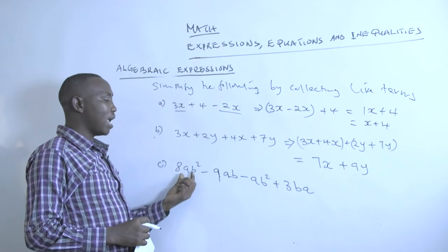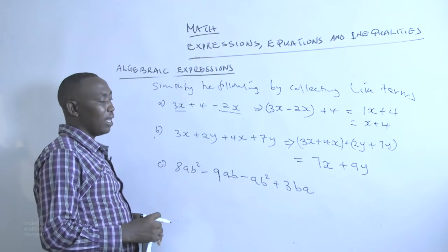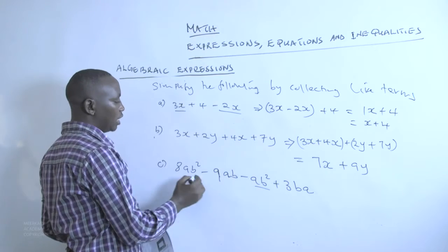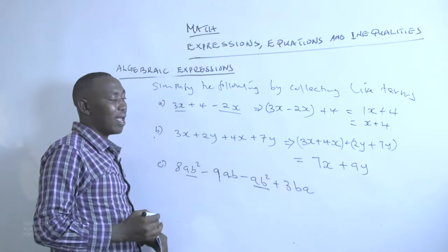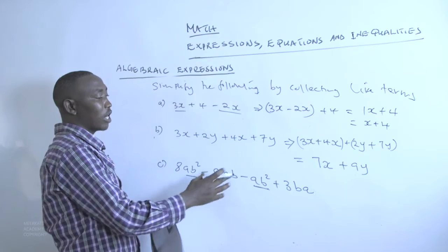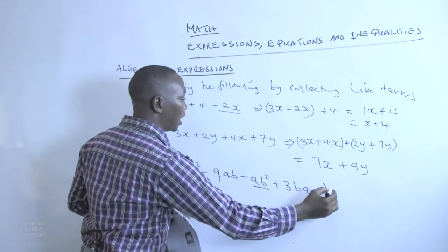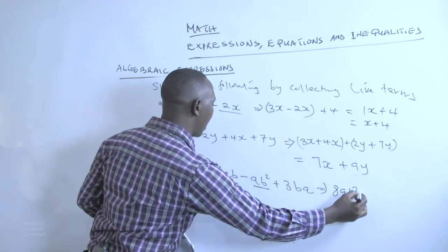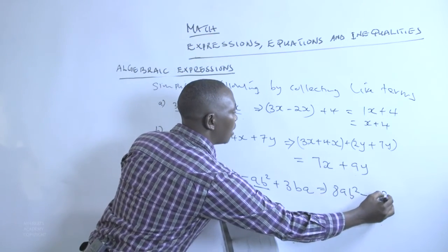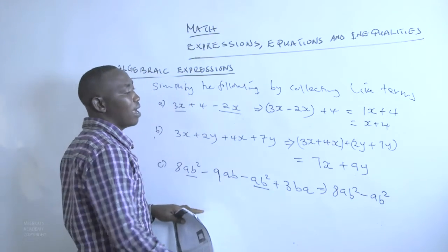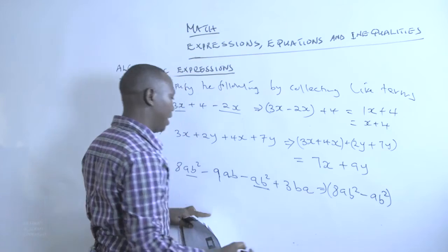This 8ab squared is like this one, because the pronumerals here are ab squared and the pronumerals there are ab squared, therefore we can pair them up. So we shall have 8ab squared, subtract ab squared as one term when collected.